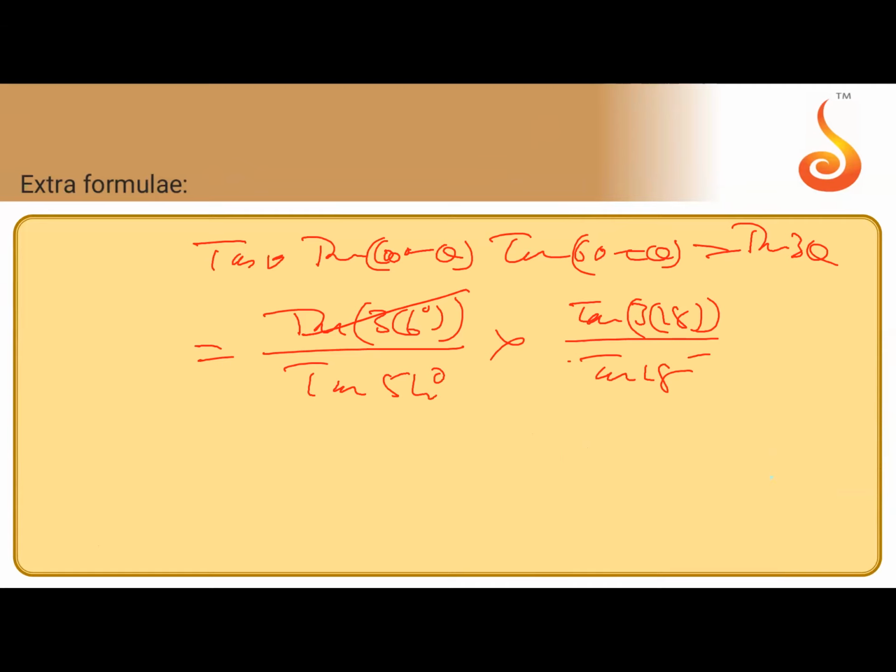This one cancels, this one cancels. We'll get 1. That is the answer for this case. So 3 into 6, 18, tan 18 cancel, tan 54, 3 into 18, 54. Everything cancels, we get 1 as the answer. So that is the solution for this question. This is a good question.